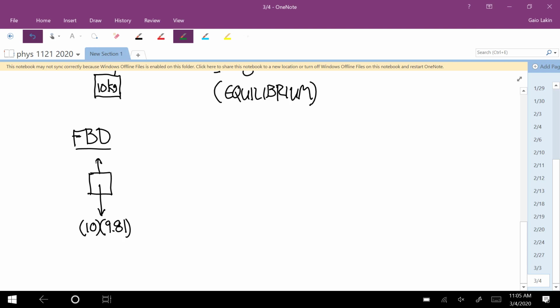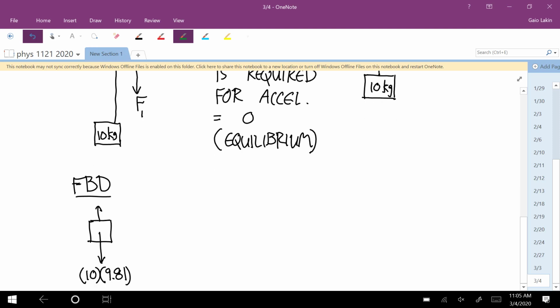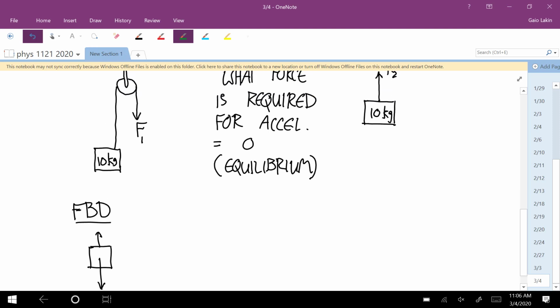And an upward force, since all that pulley does is change the direction of the force applied to that cable, the force applied by this cable here is F1, just following the rules of a cable force going away from this body. And so this free body diagram just looks like this, F1.